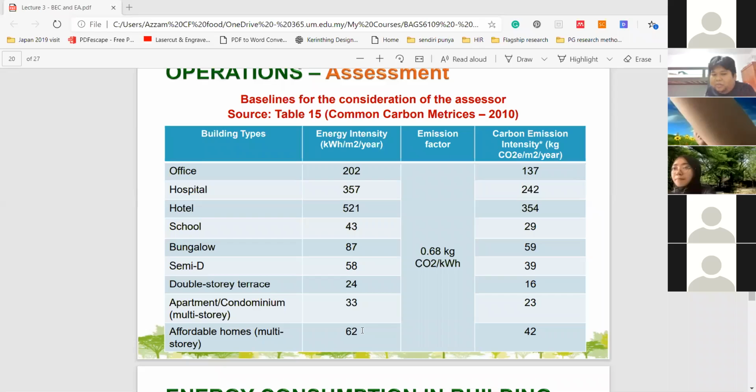So from this you get to see that the hotel is perhaps the worst kind of building in terms of energy intensity. Perhaps it's because of behavior as well, because people go to hotels, they want to indulge themselves. I do the same thing as well. If I go to a hotel, I probably want to use everything, isn't it?